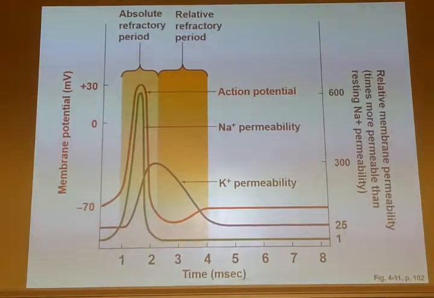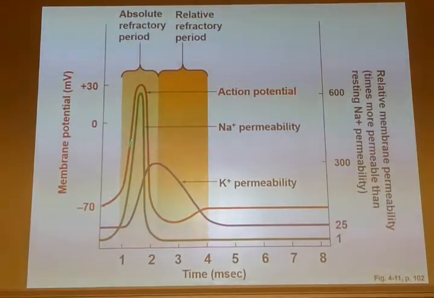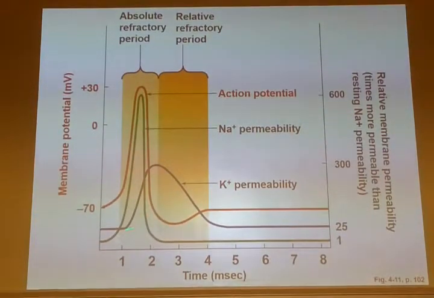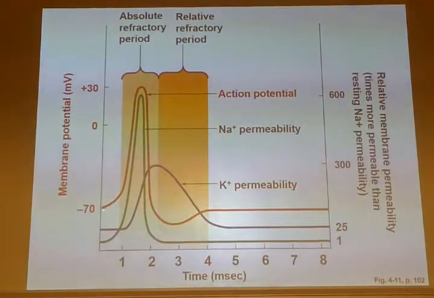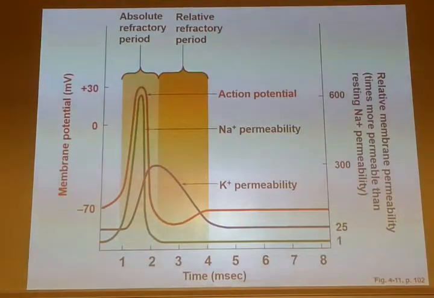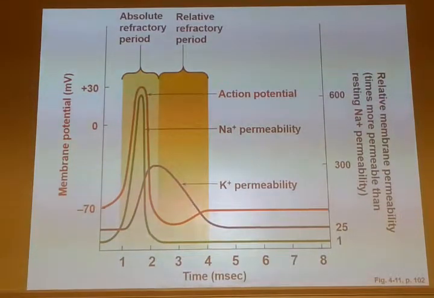So permeabilities: we've got our action potential in red, sodium in green, and potassium in blue. At resting membrane potential, permeability to sodium and potassium is at baseline. Got some leak in and out, but the pumps are correcting for that, so there's no change in the membrane potential due to the passive movement of those ions.